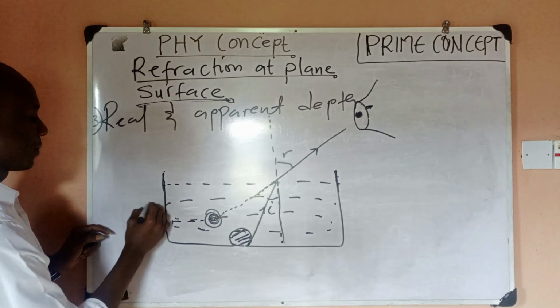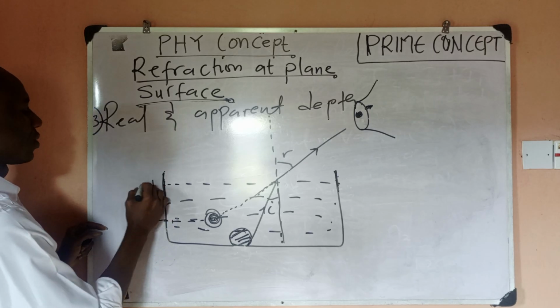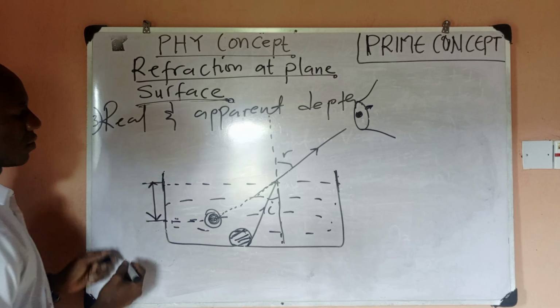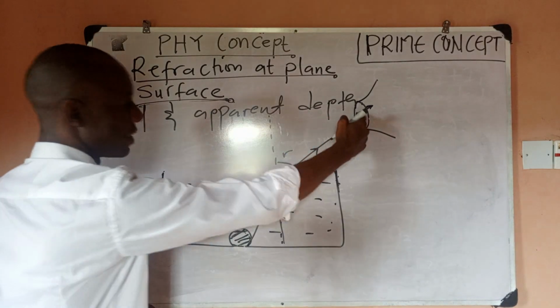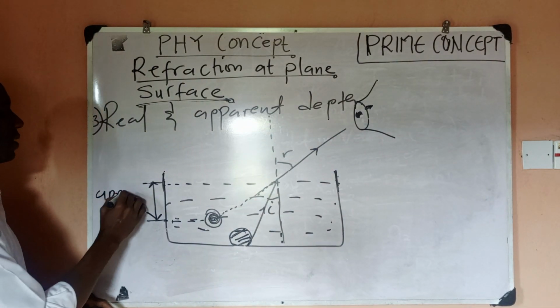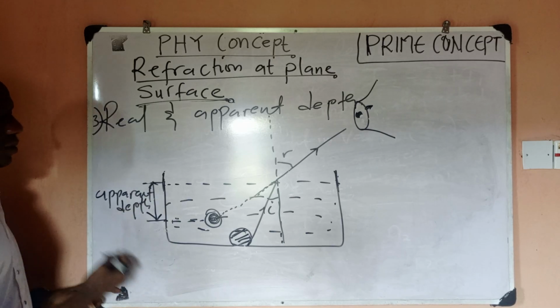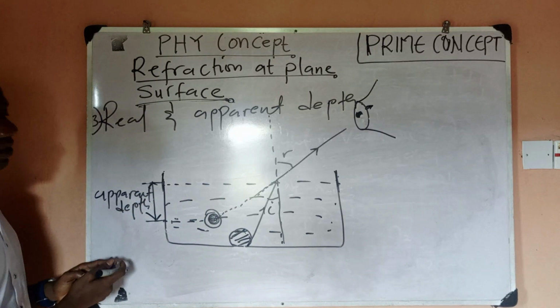This height from the surface of the water, this height that your eyes is now perceiving, is what we know as apparent depth, right? That is what your eyes is perceiving.